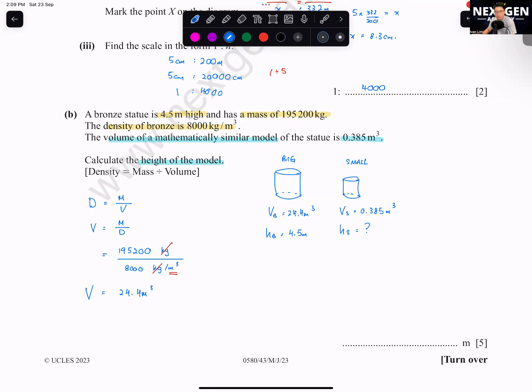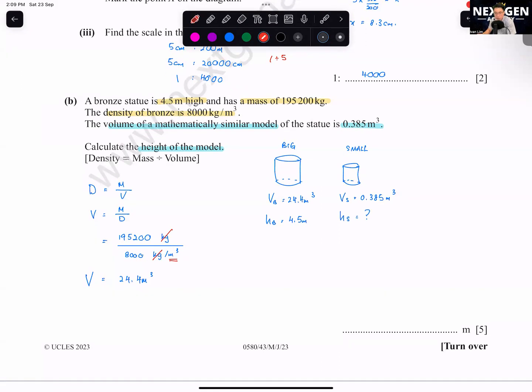How to do similarity? We are now comparing length and volume. So we can just take it like this: height small over height big equals volume small over volume big. Then here I have to cube root it. You have to make both into the same unit, unit to the power of 1.